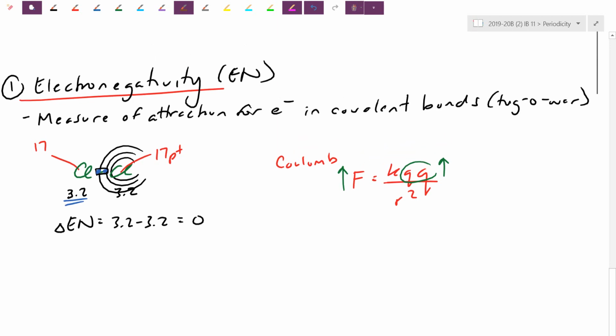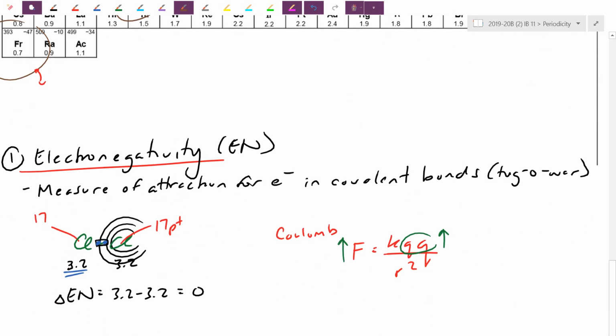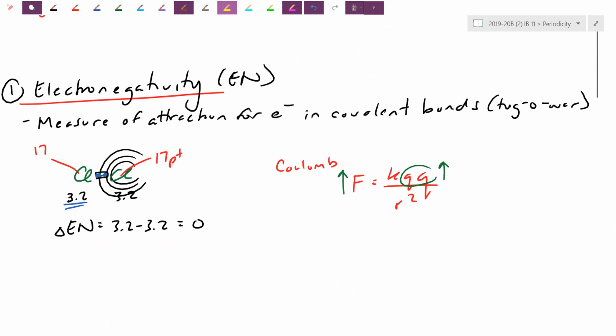In that case, you actually realize on your table, noble gases aren't given electronegativities. The reason for that is because even though this is going to be a tug-of-war, this is going to be how attractive you are for the electrons, there is this caveat: it has to have already been in a covalent bond. Noble gases already keep to themselves.